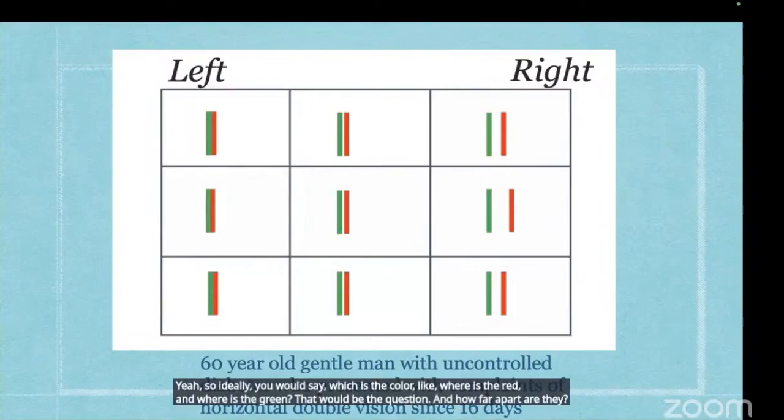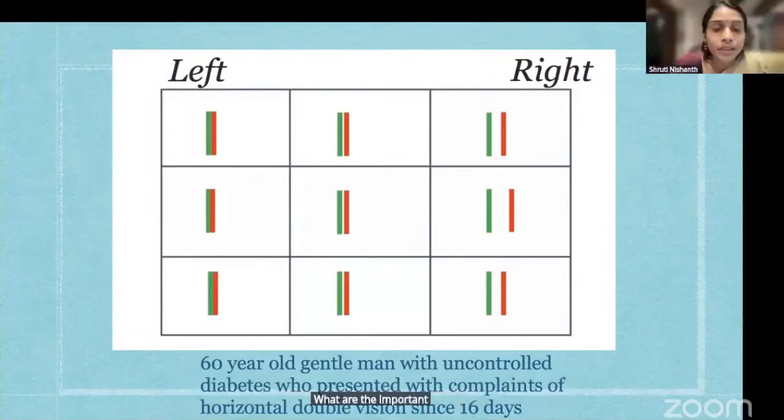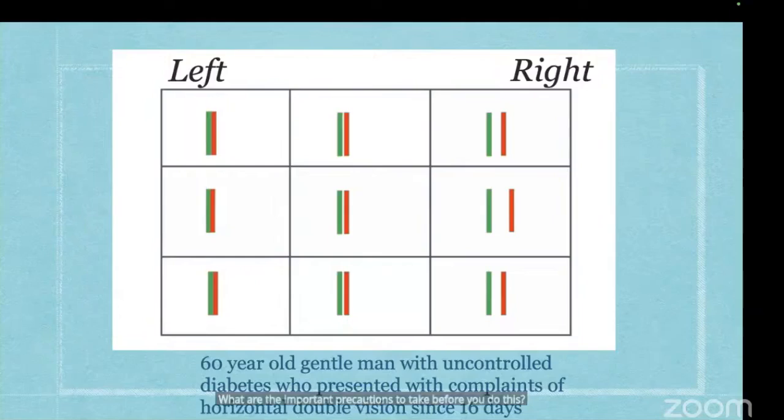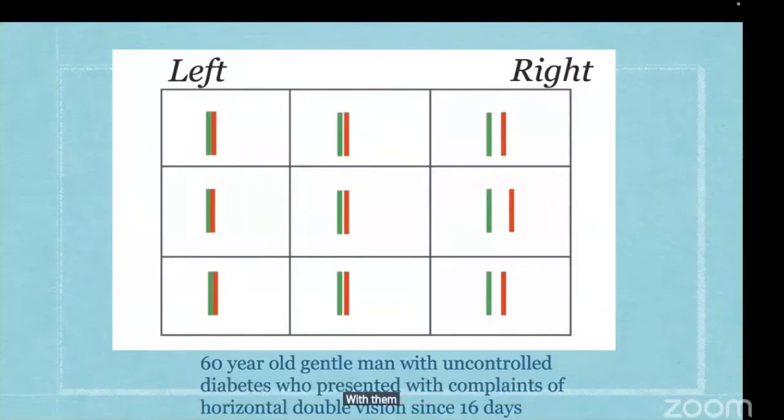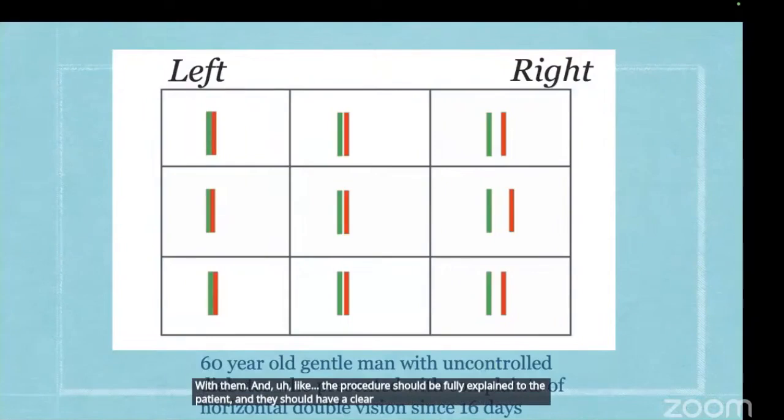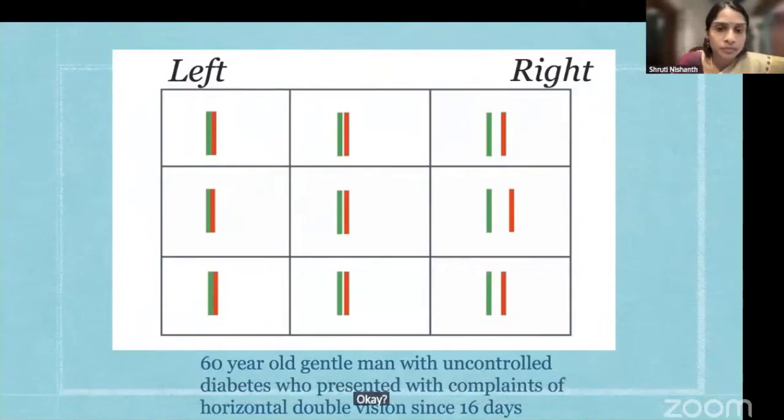Yes, ma'am. What are the important precautions to take before you do this? Colorblind people need to be excluded from diplopia charting because it doesn't work with them. The procedure should be fully explained to the patient, and they should have a clear understanding of how it works.